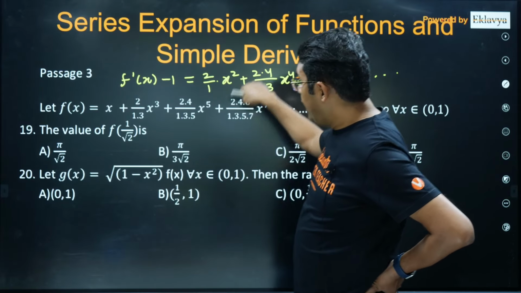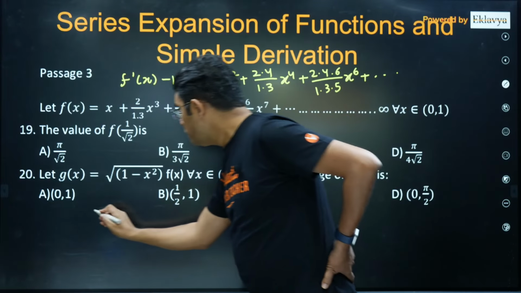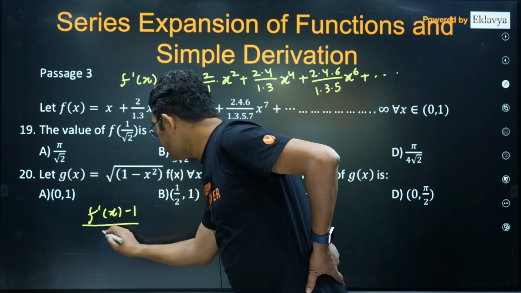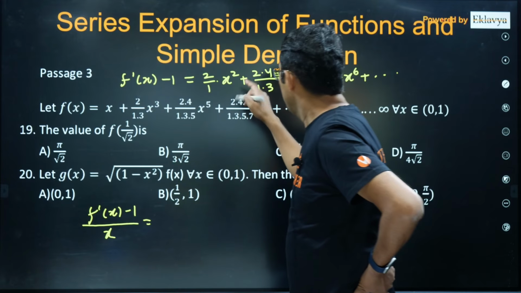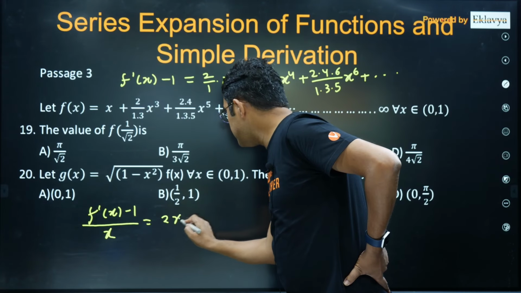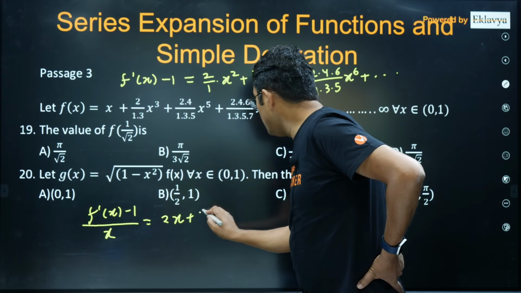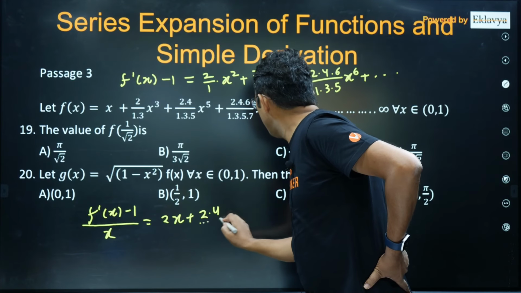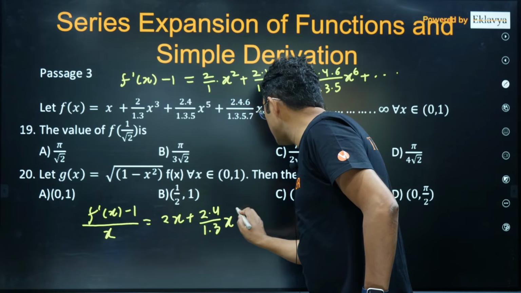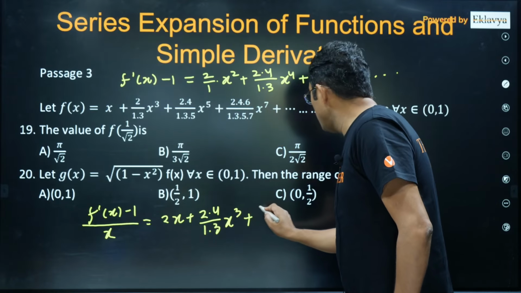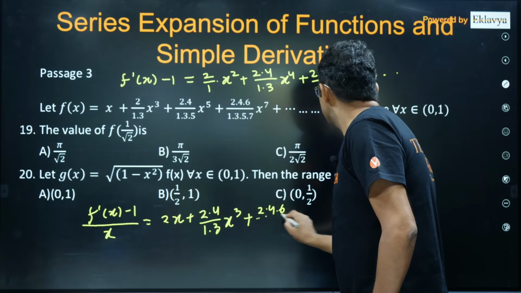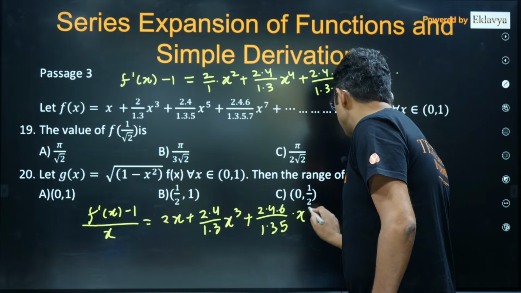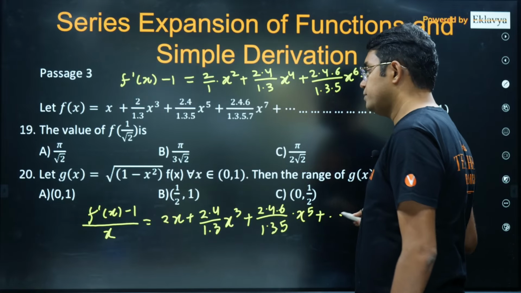Now if I divide by x on both sides, so f dash x minus 1 upon x, you will be left with 2 into x plus 2 into 4 upon 1 into 3 into x cube plus 2 into 4 into 6 upon 1 into 3 into 5 into x raised to the power 5 and so on.